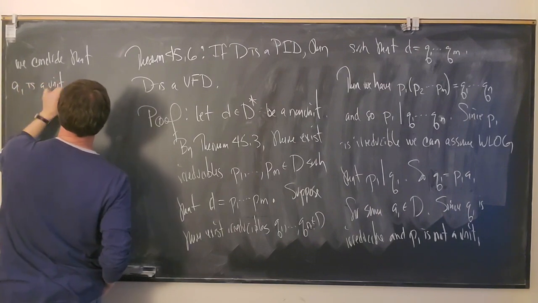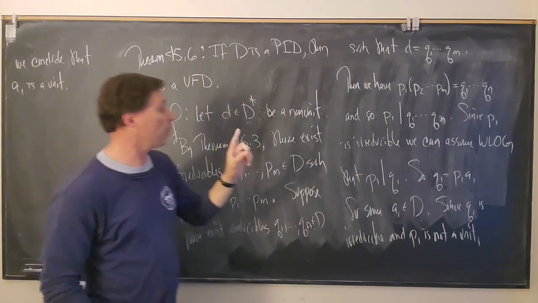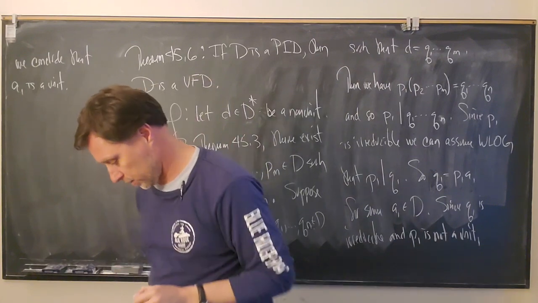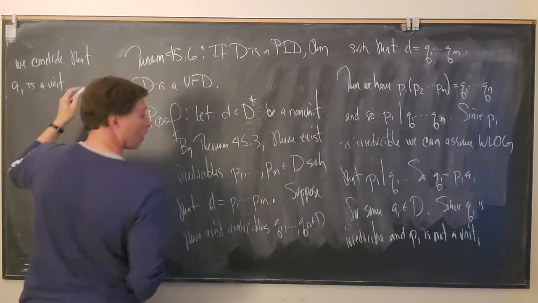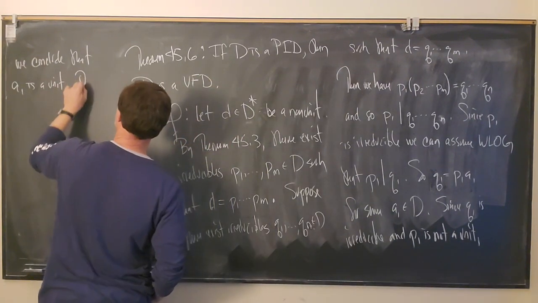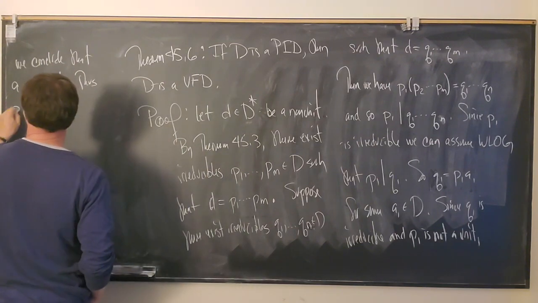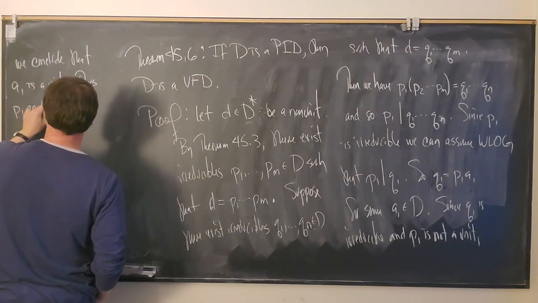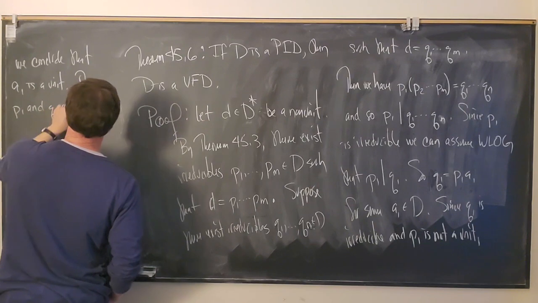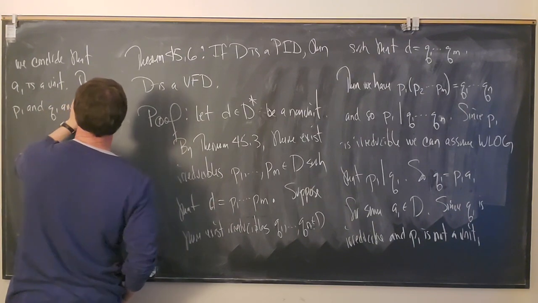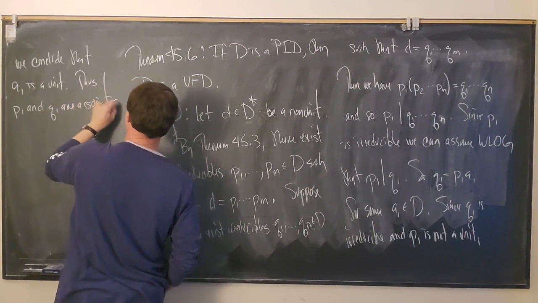All right, so what does that tell us then? It tells us that P1 and Q1 are associates. Thus, P1 and Q1 are associates.